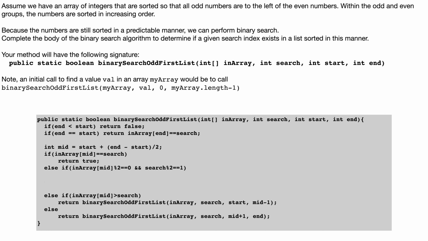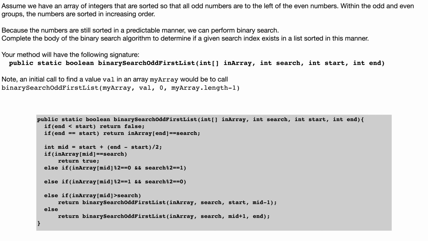So if the midpoint is even and the search value is odd, so we know that the search value has to be to the left of all the evens, which the mid value is, which means we need to make a call to the left side, right?